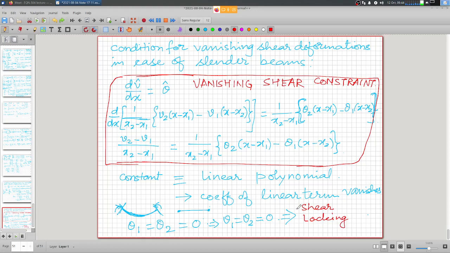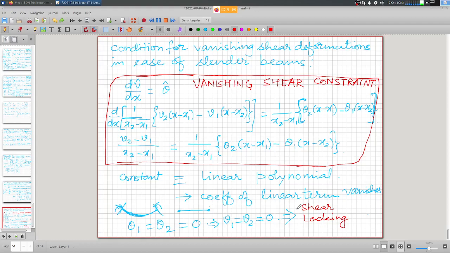That is, the depth of the beam is small enough to cause this vanishing shear, or when the shear strains are very, very small. So you have a problem.